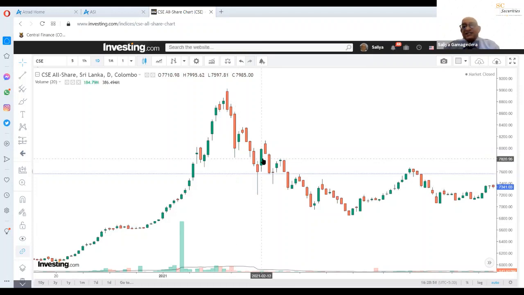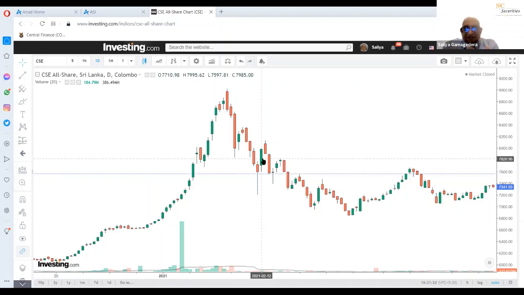So we need to understand, in a support or in a resistance, there are two types of breakouts: from the high or the low of that support, or from the high or the low of the resistance. Until the breakout takes place, we cannot classify whether the trend is extending or the trend is failing.